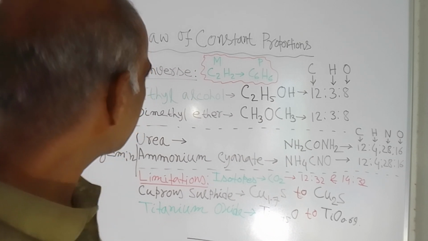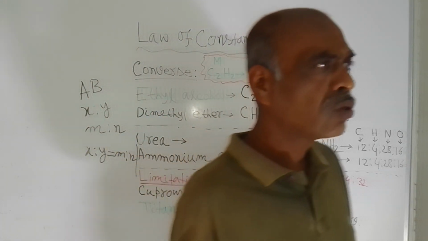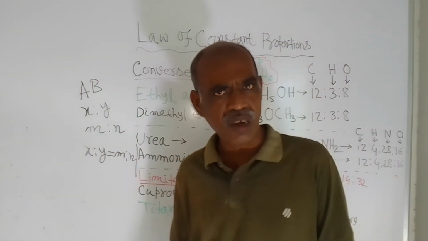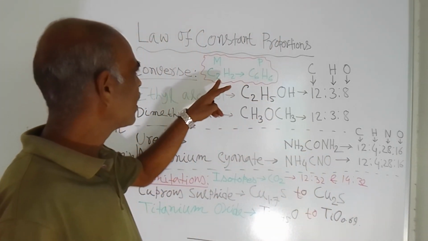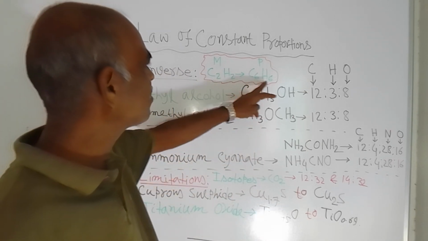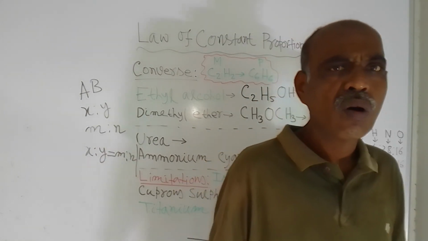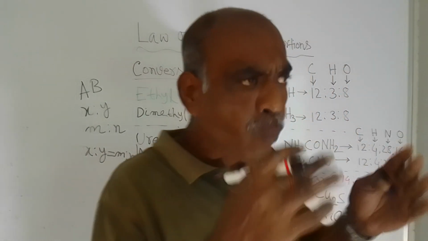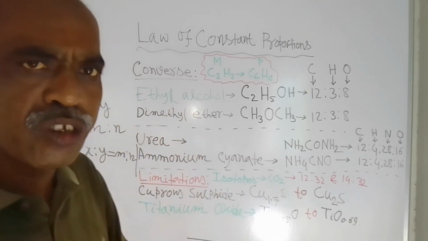Then in case of polymerization, if you talk about monomers and polymers, as for example C2H2, this is acetylene, and C6H6 is benzene. So on polymerization of acetylene, it gives benzene.